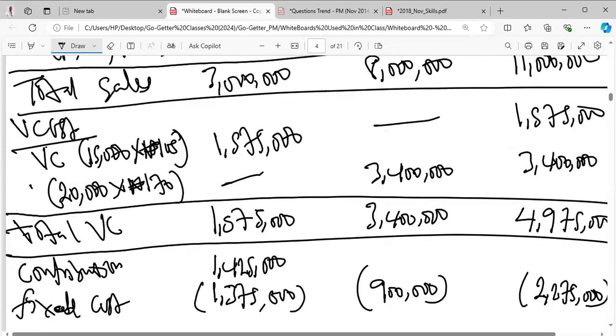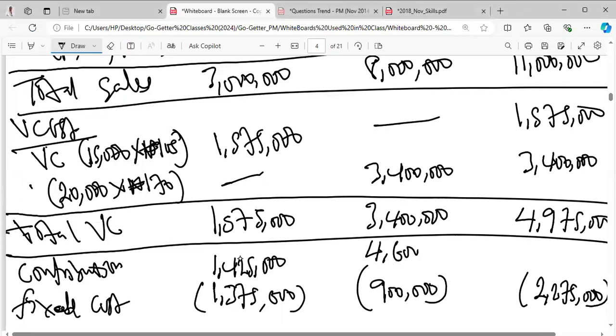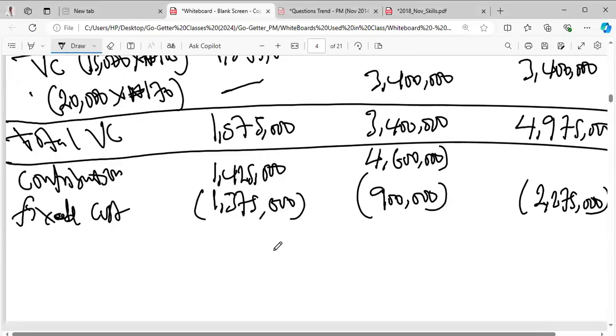All right, so contribution in the second one, 8 million minus 3,400,000. That will give us 4,600,000. Uh-oh, I was supposed to do the profit immediately.